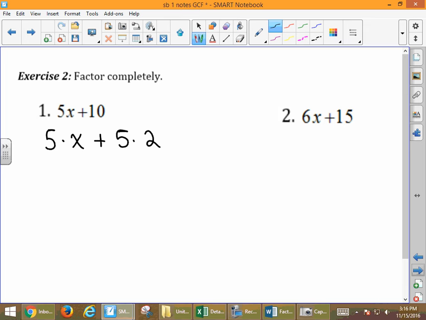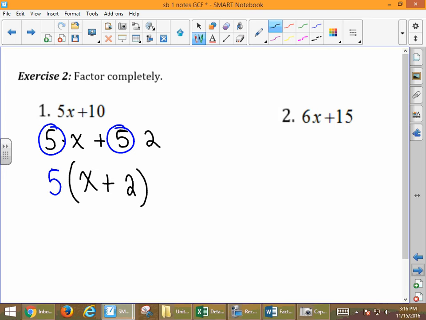And what happens is the greatest common factor is what is in common in both. Well, there's a 5 in both, so we can call 5 the greatest common factor. And then to finish the problem, we're going to write down what we haven't been able to make a greatest common factor, and that's the x plus 2.